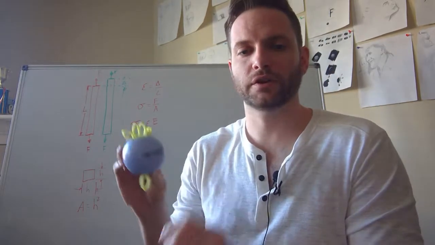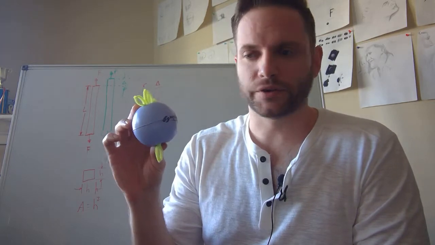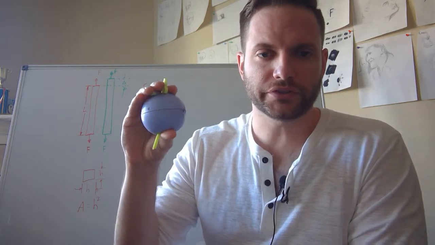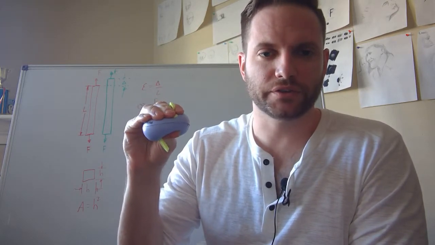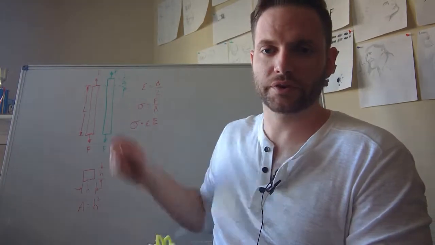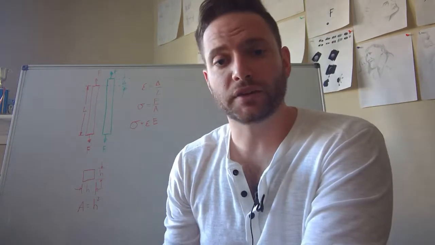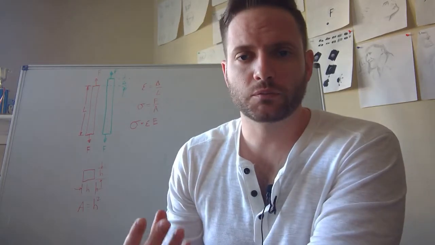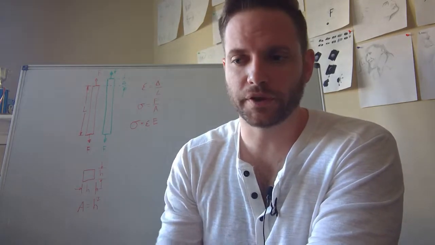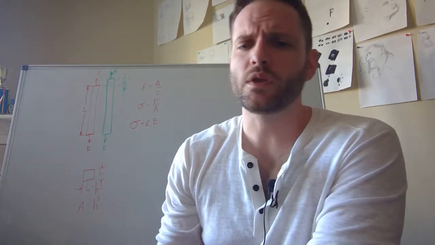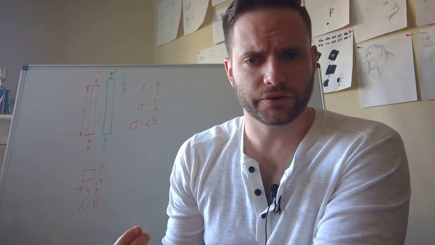Actually, something much softer, like this stress ball, deforms so much that this is not easily represented in this way. But when you're designing something out of metal, out of wood, out of plastic, something relatively stiff compared to this ball of rubber, the strains involved are very small.